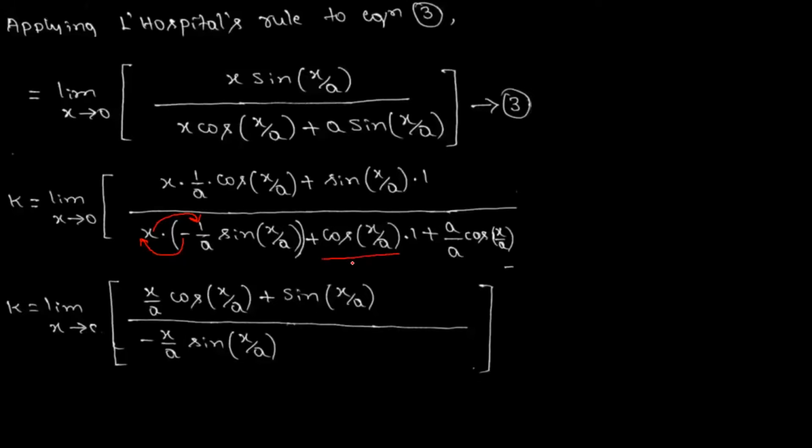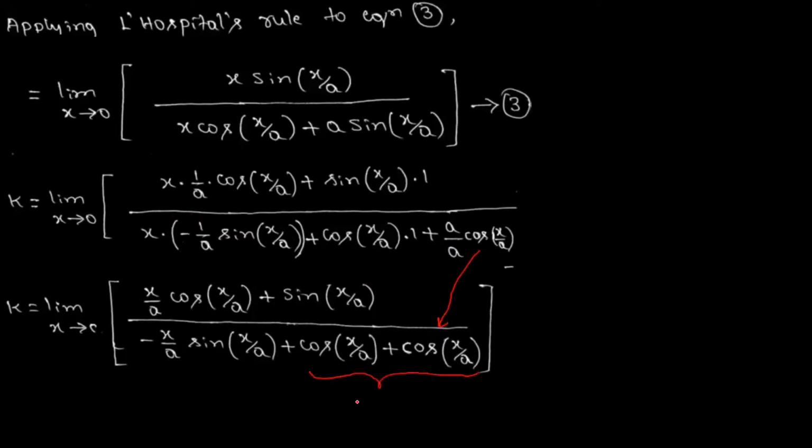This cos of x by a we write as it is. Here in the last term, you can see this a and this a get cancelled. What we get is cos of x by a. Cos of x by a plus cos of x by a will be 2 times cos of x by a.